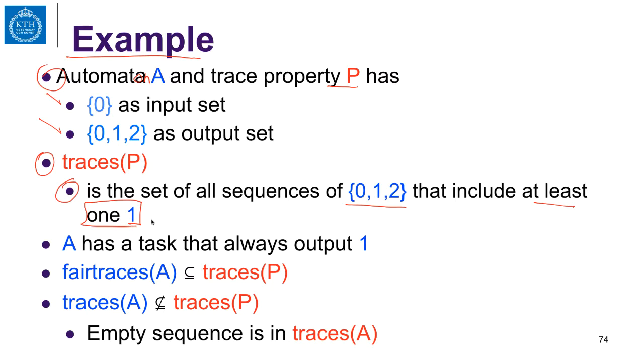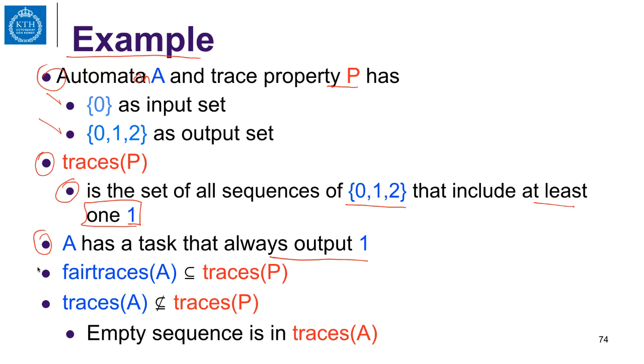Now we want to design an automaton that satisfies this problem. And it's very trivial. We just have an automaton A that has a single task, and this task executes output actions, and the output action just outputs 1.